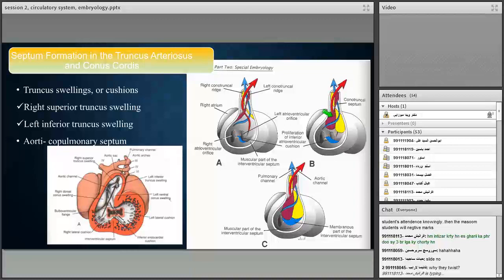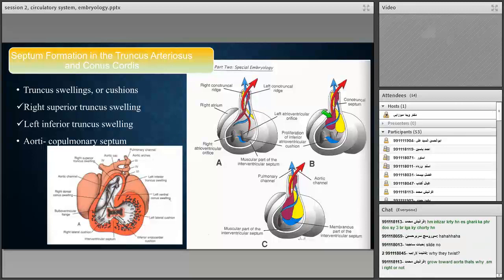After the completion of the fusion, this ridge and this septum form the aorticopulmonary septum. This septum grows toward the aorta. That's why, am I right or not?